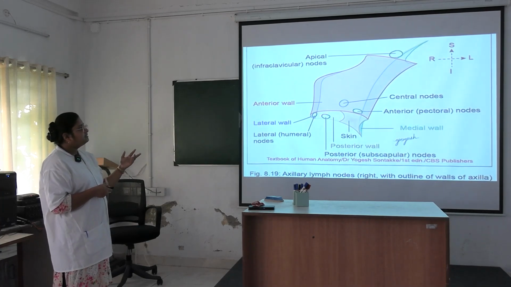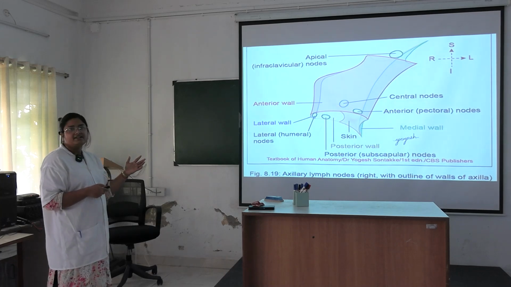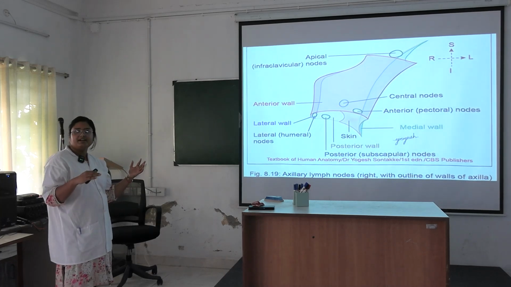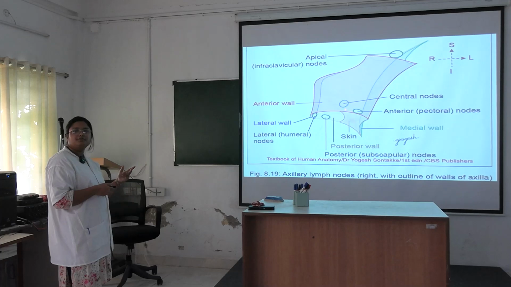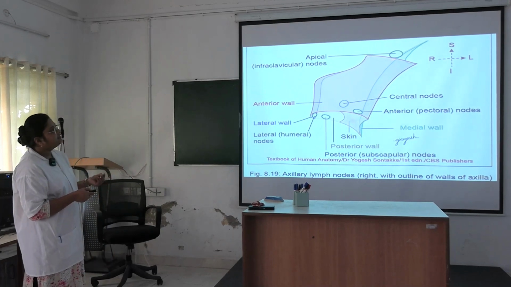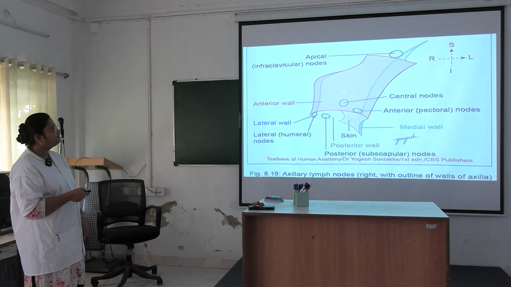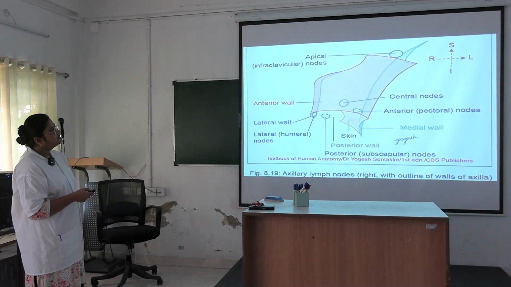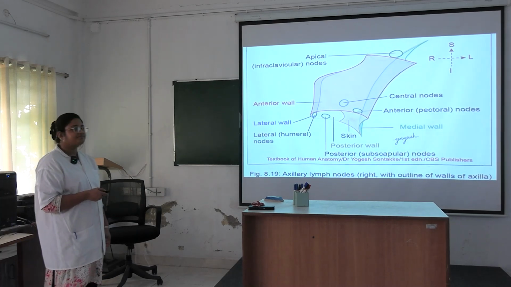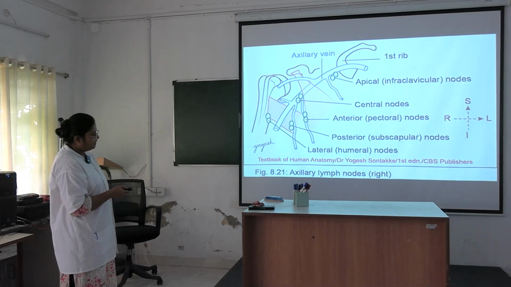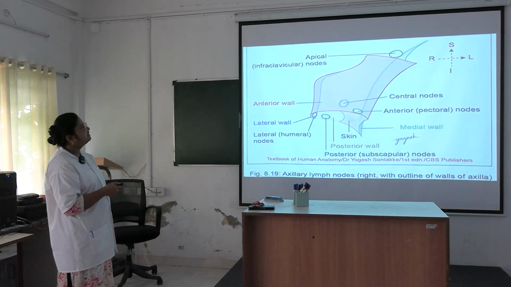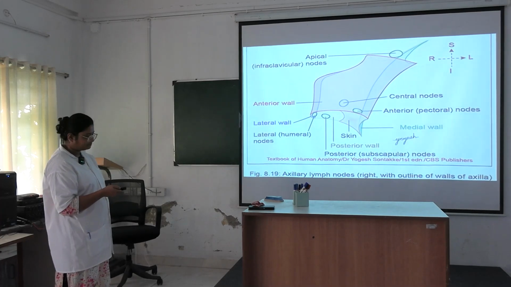And in the middle of this triangle, that means the middle of the base of the axilla, lies the central group, okay. And near the apex of the axilla lies the apical group. Understood? So, here is the central group, this is the apical group. The apical group is also known as infraclavicular nodes.